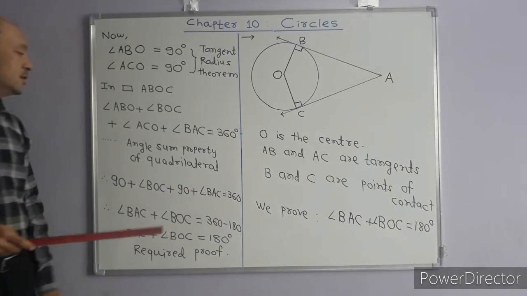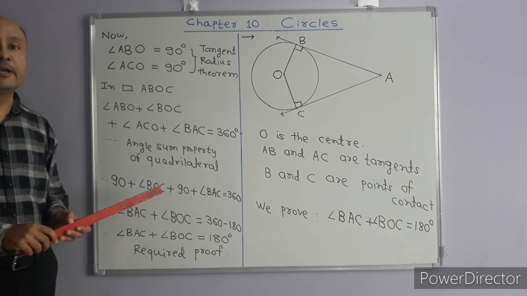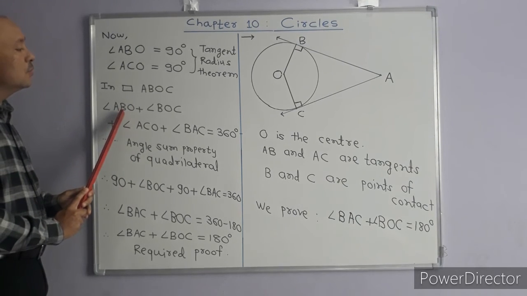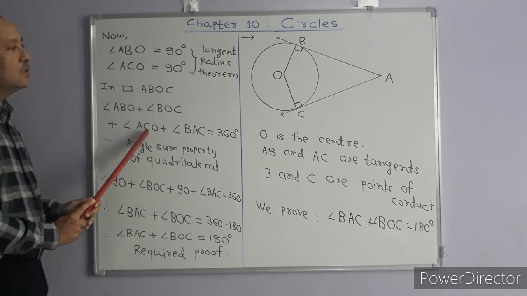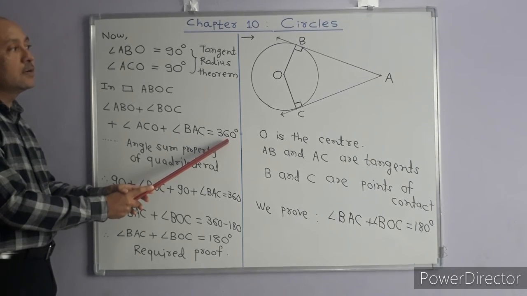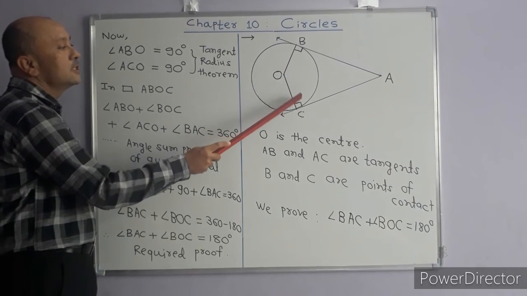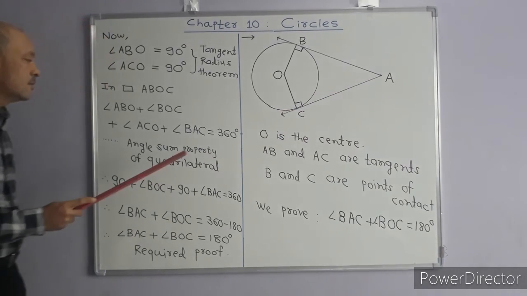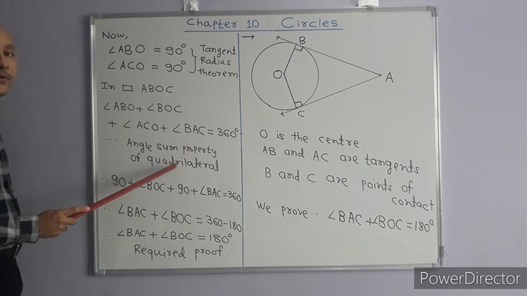And we know the angle sum property of a quadrilateral, that the sum of all angles of a quadrilateral is 360 degrees. So the same is written: angle ABO plus angle BOC plus angle ACO plus angle BAC is equal to 360 degrees. The angle here plus angle here plus angle here plus angle here, total 4 angles, and their sum is 360 degrees. So the reason is the angle sum property of a quadrilateral.